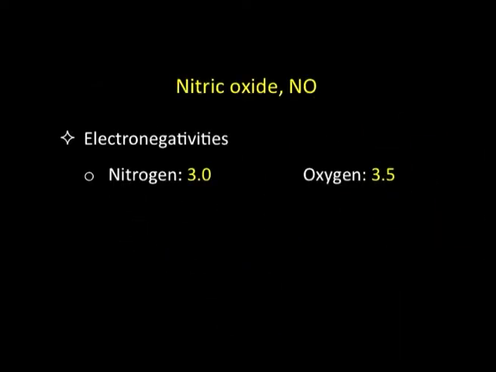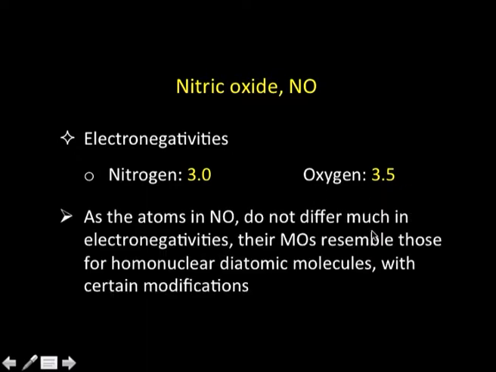Let us move further and take up the second molecule for today, nitric oxide. In nitric oxide, there are 2 atoms, nitrogen and oxygen, and their electronegativities are 3 and 3.5, which are not very different from each other. Since the atoms in NO do not differ much in electronegativity, their MOs will also resemble those of homonuclear diatomic molecules with certain modifications.